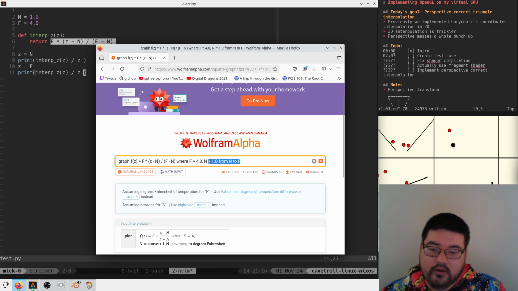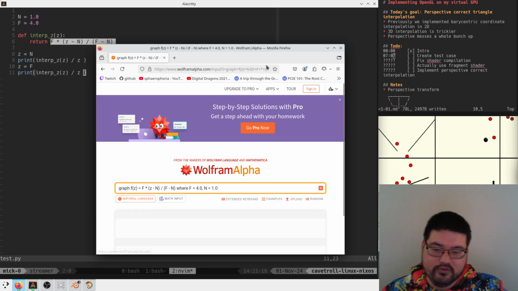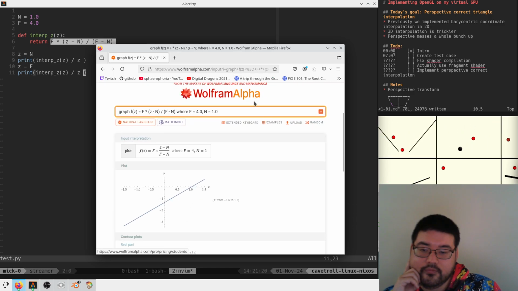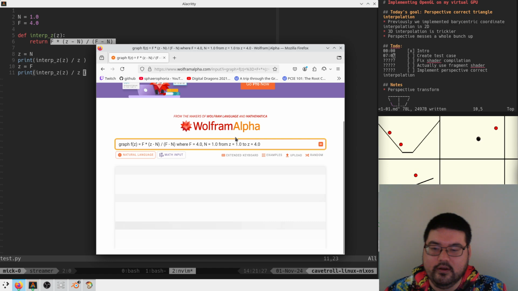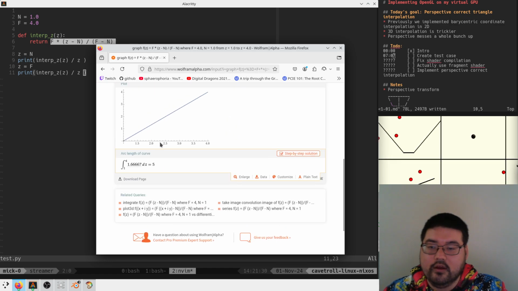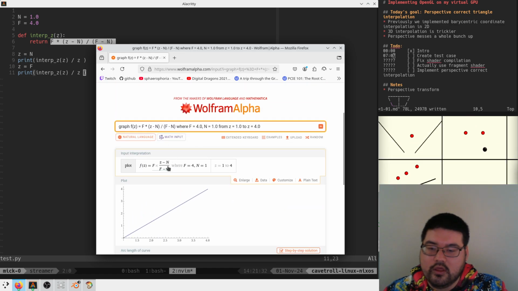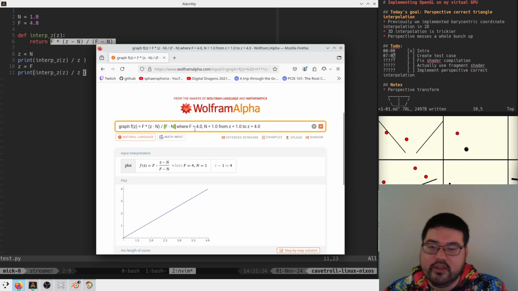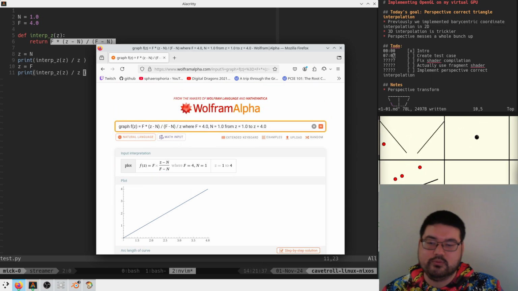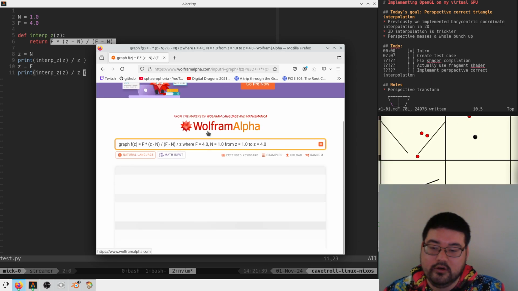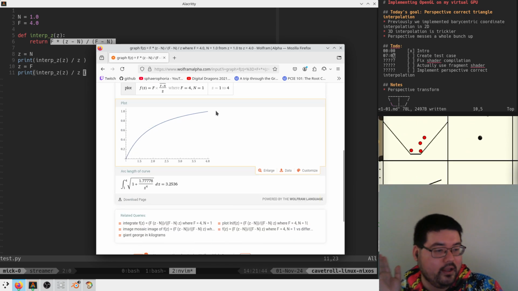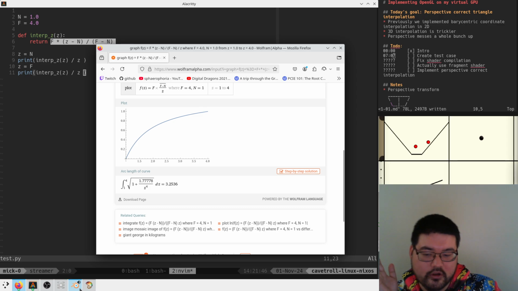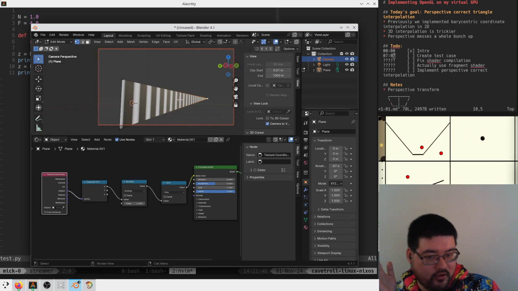No. Let's see if it graphs this. Okay, and then we go from z is equal to 1 to z is equal to 4. Does it do that? Yeah, okay. This is linear, my bad, except this over z, which is what we're actually doing, is not. Aha, yeah, so this is nonlinear. And this is why perspective is a problem to begin with.